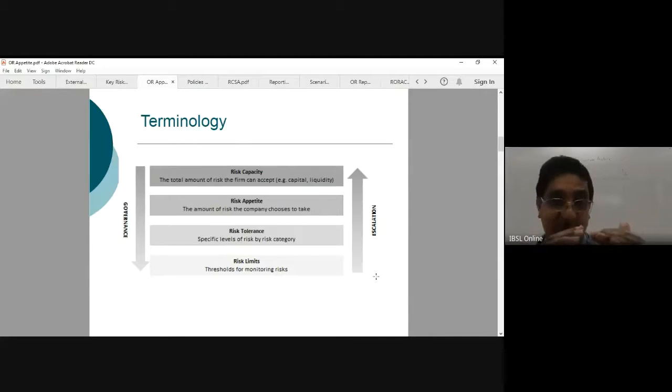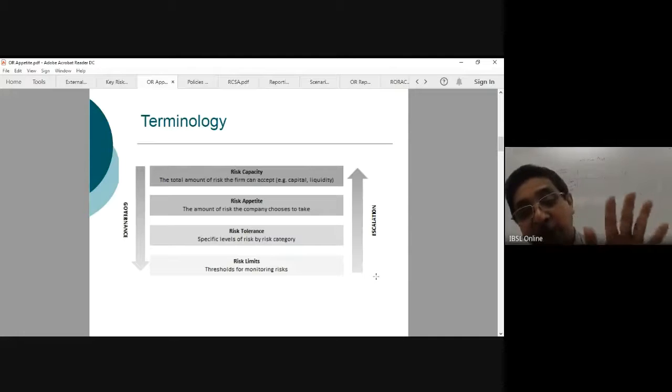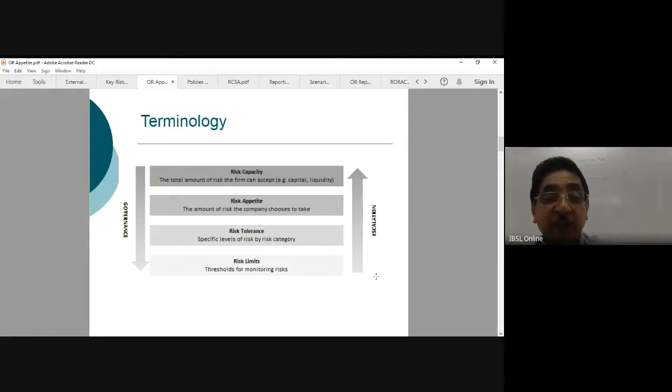When it goes beyond that, there is a particular tolerance level where you can tolerate. If it goes beyond that also, it comes up to the risk appetite. But anyway, you have time to deal with such situations when it goes beyond the risk limits. Because of these limitations, you can manage things well.